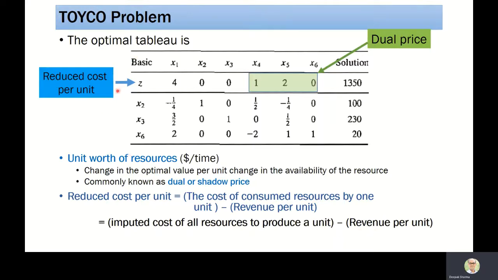From the optimal simplex table, the coefficients in the Z row are the reduced costs. The reduced cost of all basic variables such as x2, x3, and x6 is always 0. However, there is a reduced cost for the non-basic variables. Since it was a maximization problem, there is no entering variable, meaning the reduced costs are positive at the final iteration.